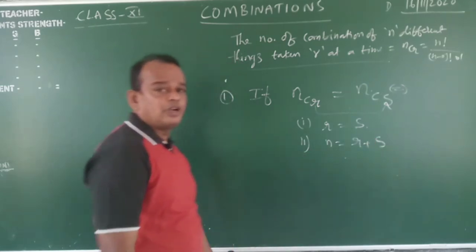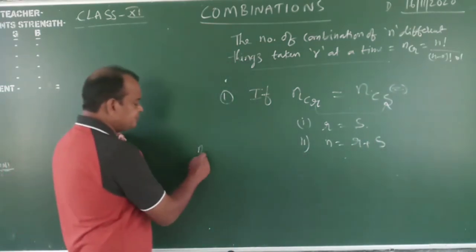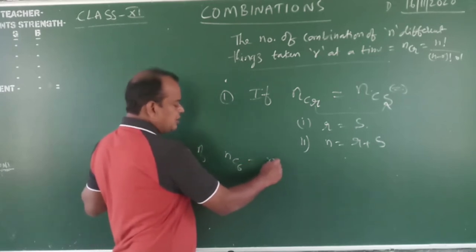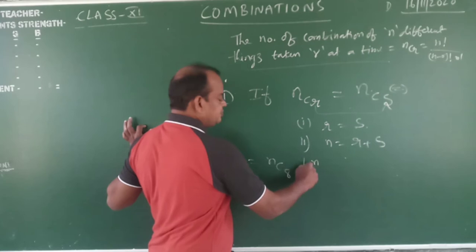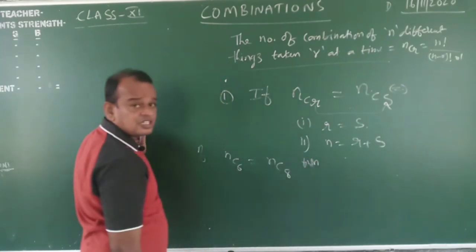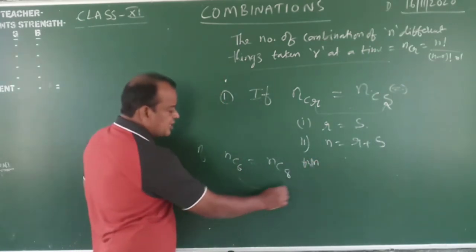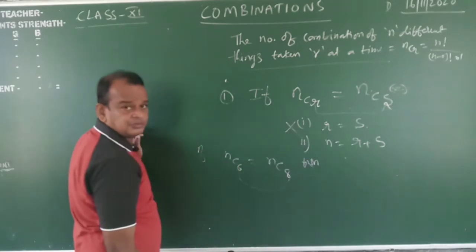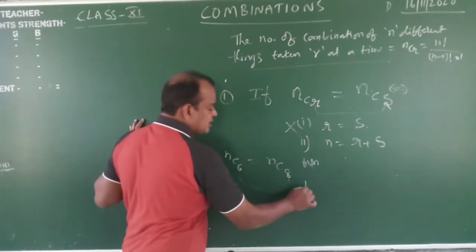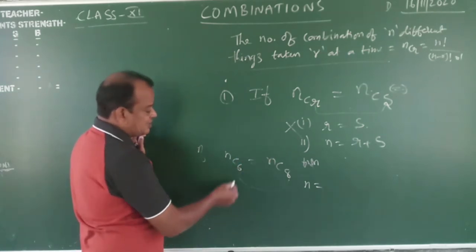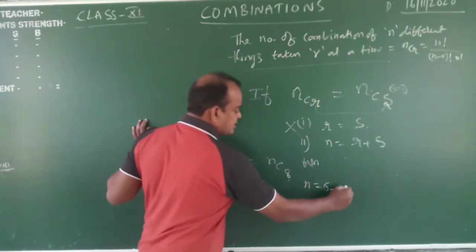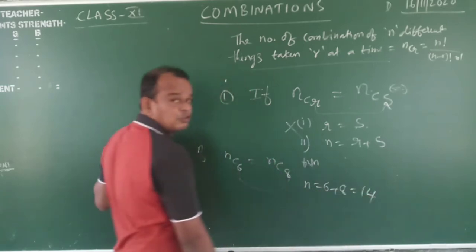Perhaps in the examination, if nC6 is equal to nC8, then find n. This is the question. Is 6 equal to 8 possible? Not possible. So the second one, n is equal to r plus s, 6 plus 8, that equals 14.